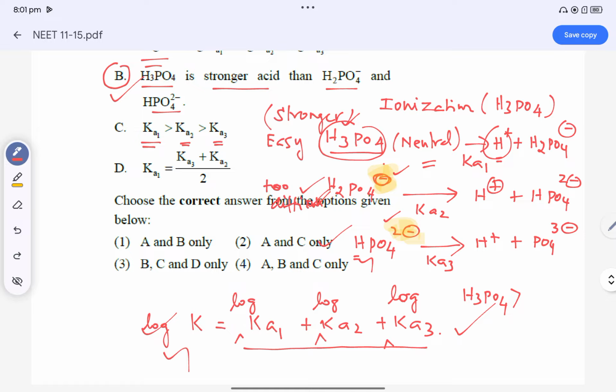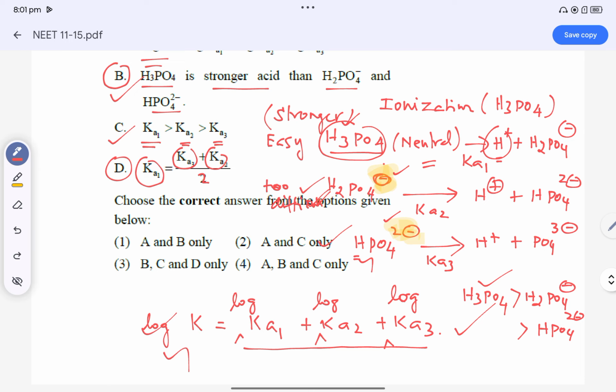Then H2PO4 minus, which is greater than HPO4 2 minus. So this one is the stronger acid. This is what they have given. Next, look at the fourth option: the summation of any two divided by 2 can give K1.